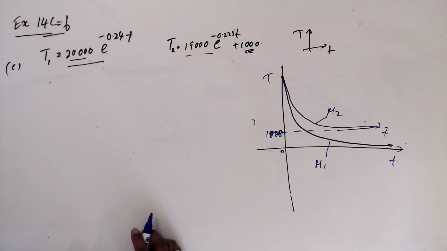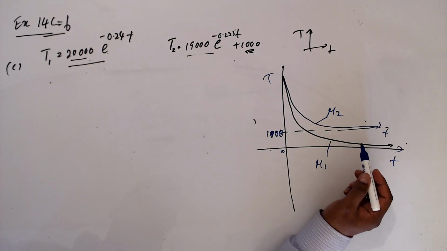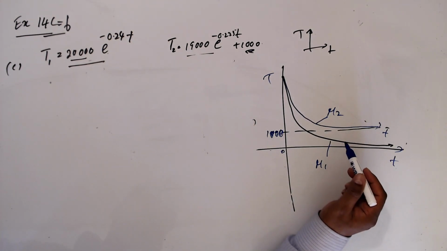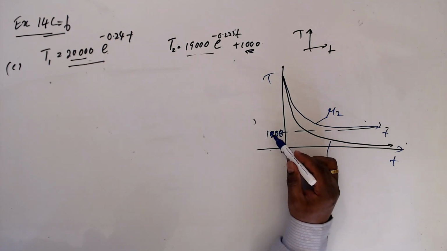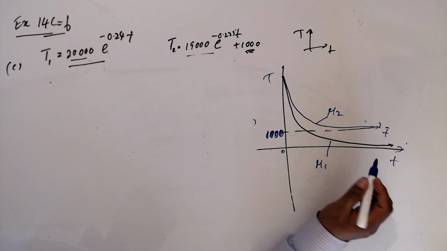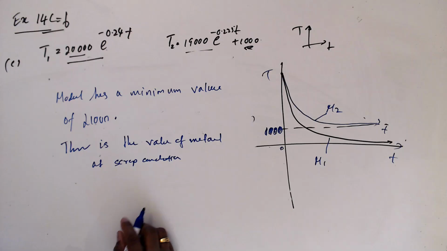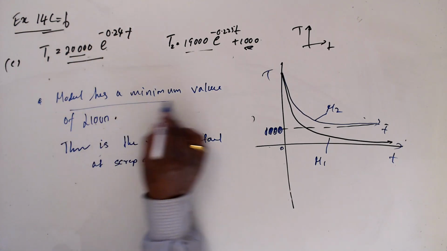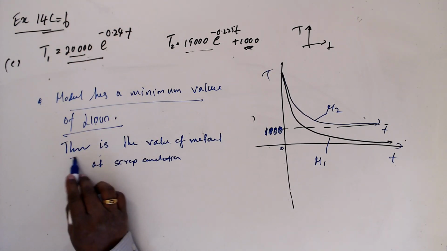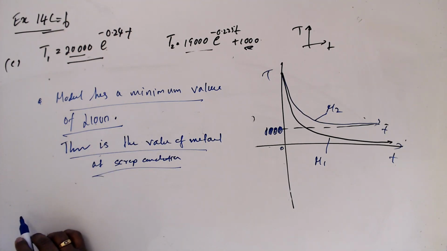The only thing left is the metal value. When the tractor is in scrap condition, there is still a value, because of the metal. So that is what makes it realistic. Metal has a minimum value of 1,000. This is the value of metal in scrap condition.